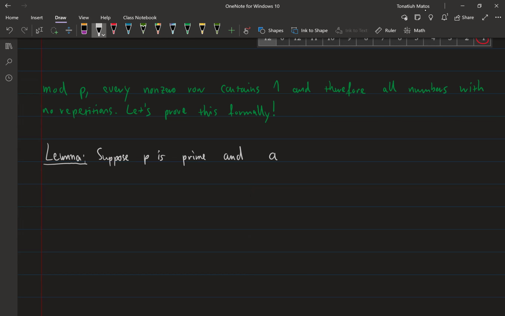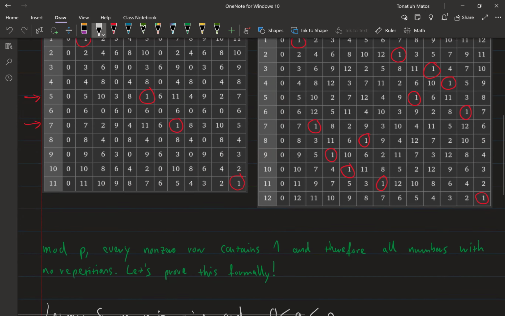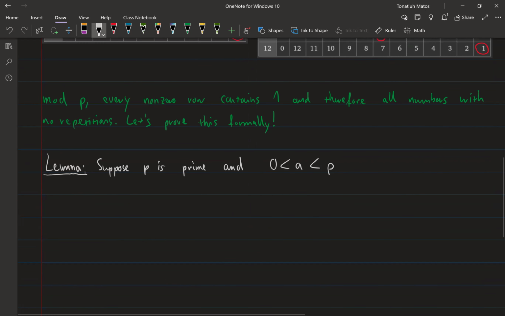So let's say that A is a row and we want this row to be non-zero. So let's pick a number between 0 and P, right? There's only P minus 1 rows, so excluding 0.